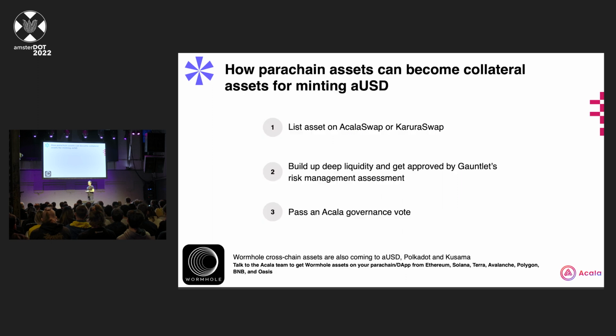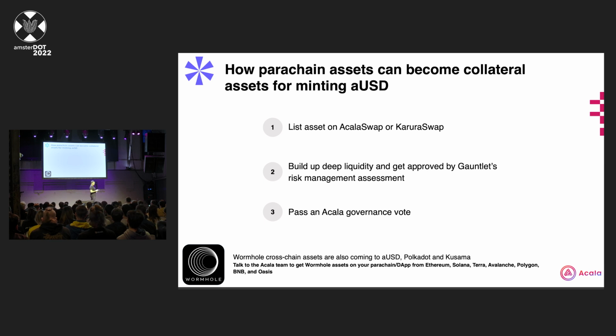Another thing that's important for the teams here, from parachain teams or even dApp teams for that matter: any asset on Polkadot can actually become a collateral asset that can be used to mint aUSD. You just have to do a few things first to get accepted as a collateral asset. Our goal is to make as many tokens collaterals as possible, because that means more people can mint aUSD from different collateral assets.